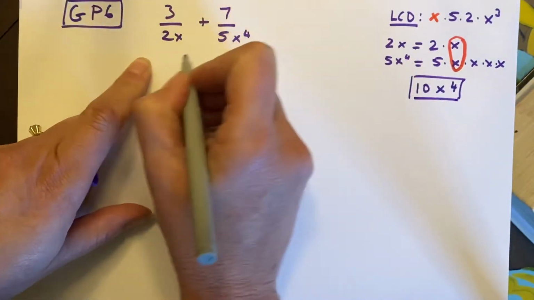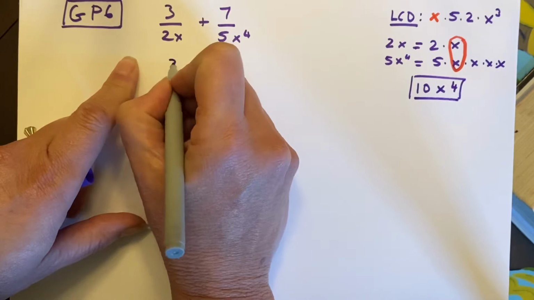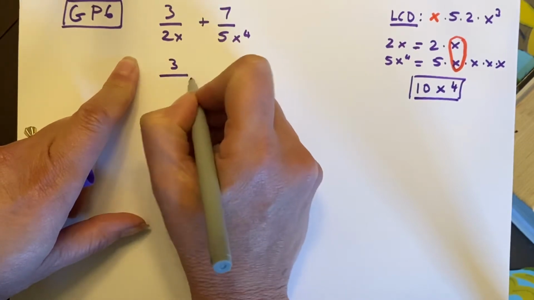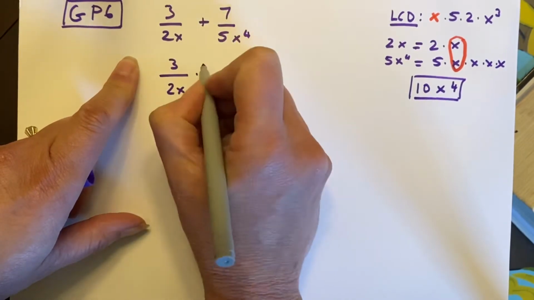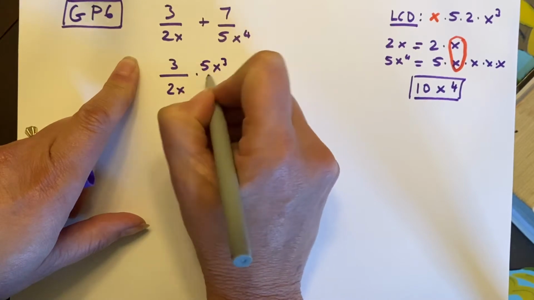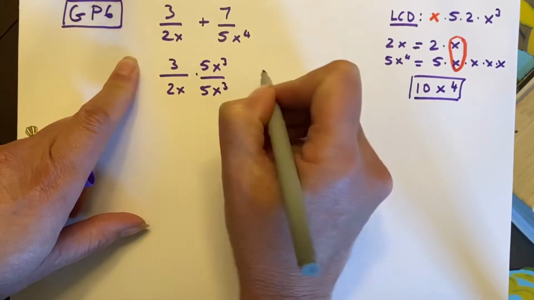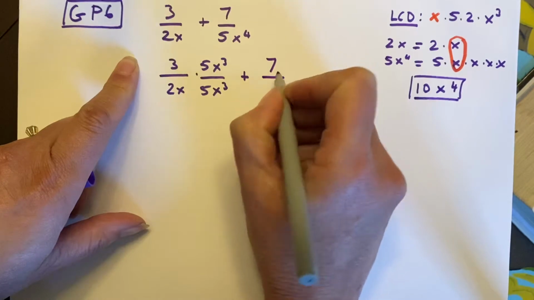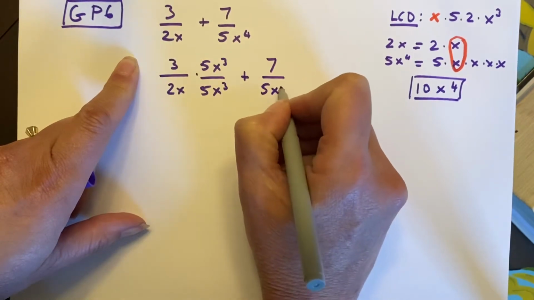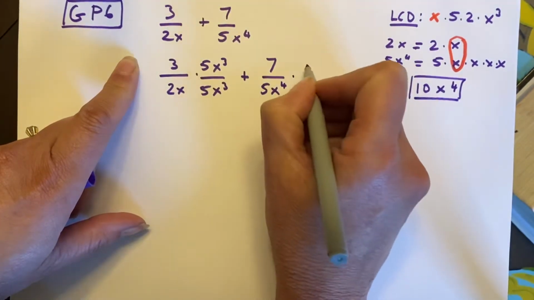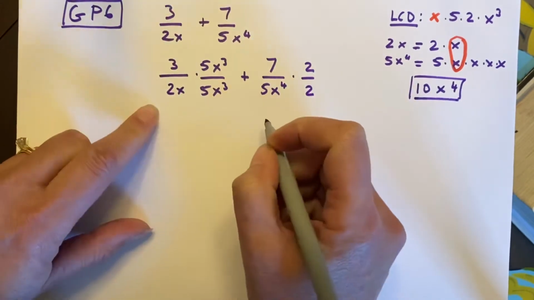I'm going to use that to convert this to 10x to the 4th. I have to multiply by 5x cubed over 5x cubed. And this I have to convert to 10x to the 4th and multiply top and bottom by 2.